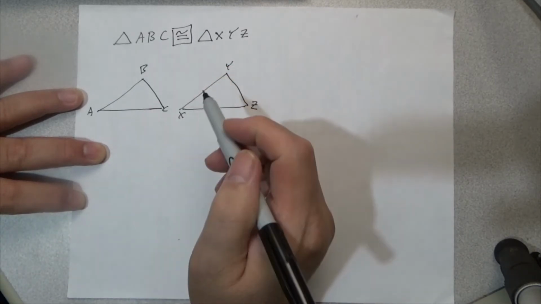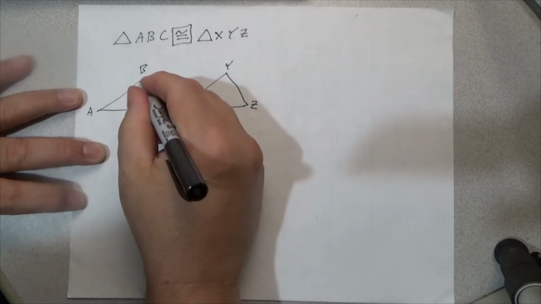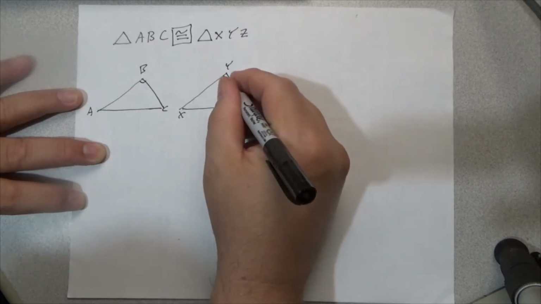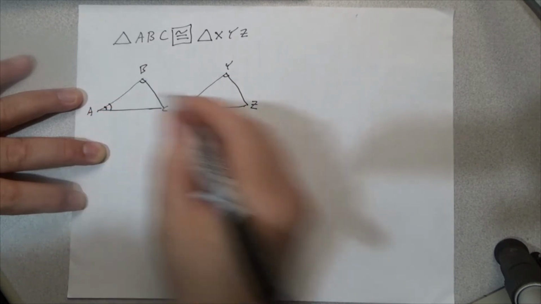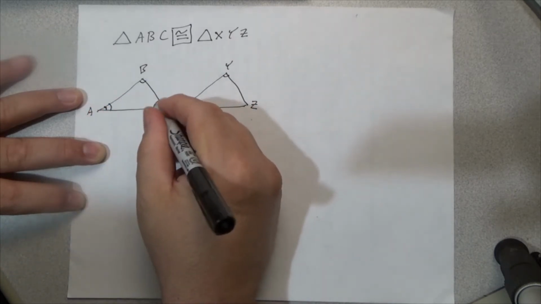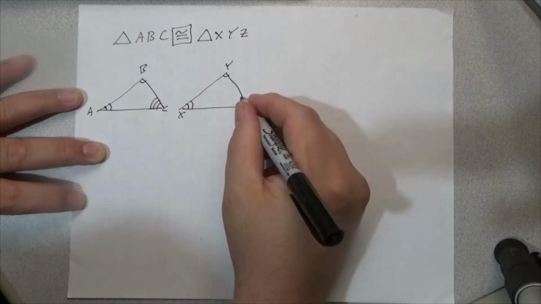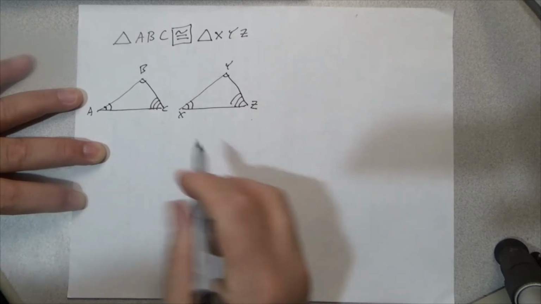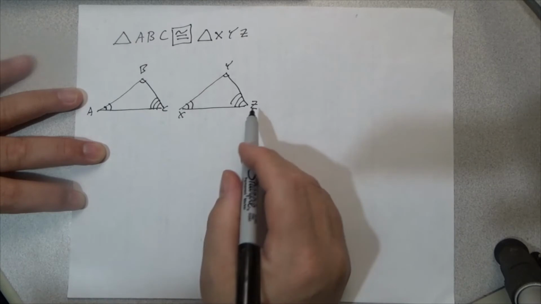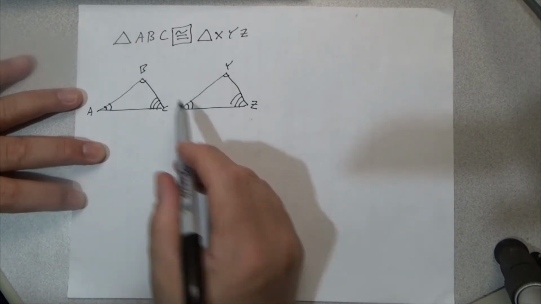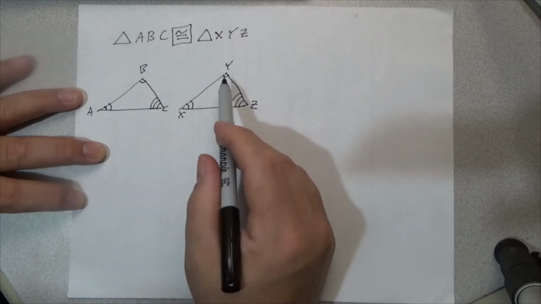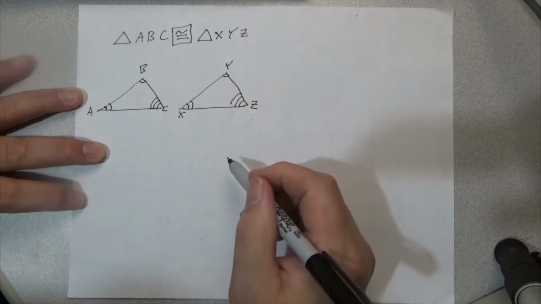And there's a symbol right there that says congruent. So we put little symbols in angles like this to show congruency. Like that. So angle C is congruent with angle Z. Angle A is congruent with angle X. Angle B is congruent with angle Y.